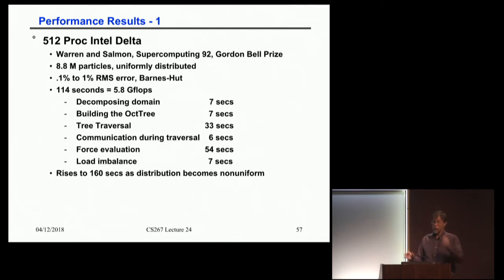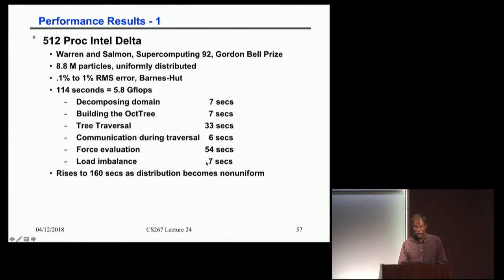Okay, so the question is, how close are we to perfect? One very coarse way to say that is, let's suppose that the best I could do was the force evaluation. Let's suppose that all of this other overhead, decomposing the domain, building the octree, was free, infinitely fast. So I only care about the force evaluation. And let's suppose that it was perfectly load balanced. How long would it have taken in this very optimistic case?